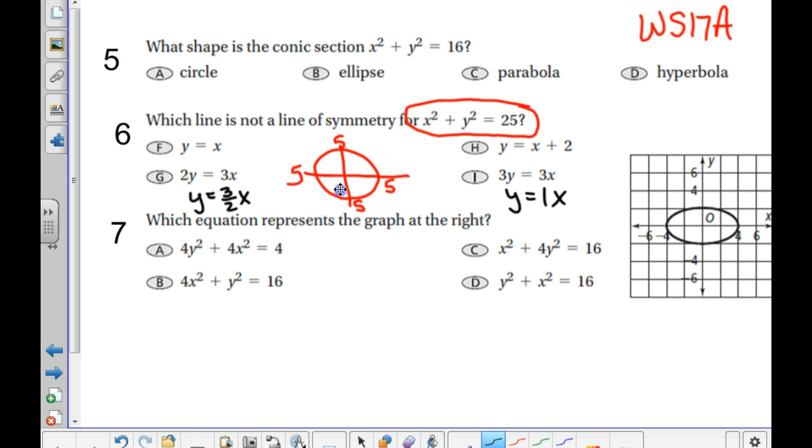Go through the origin, and any line that goes through the origin, no matter whether its slope is shallow or steep, whether it's positive or negative, they will all be lines of symmetry. This equation, though, starts up at 2 and goes this way, so it would be a chord of a circle. It would not be a line of symmetry.